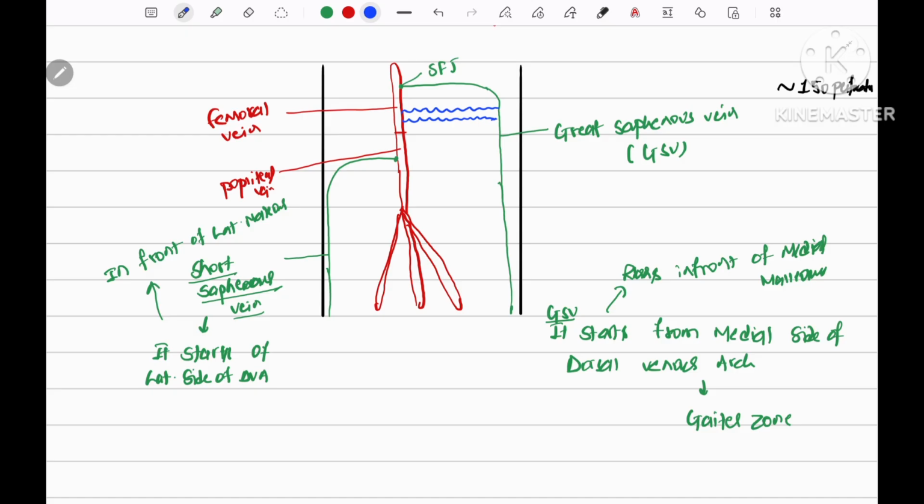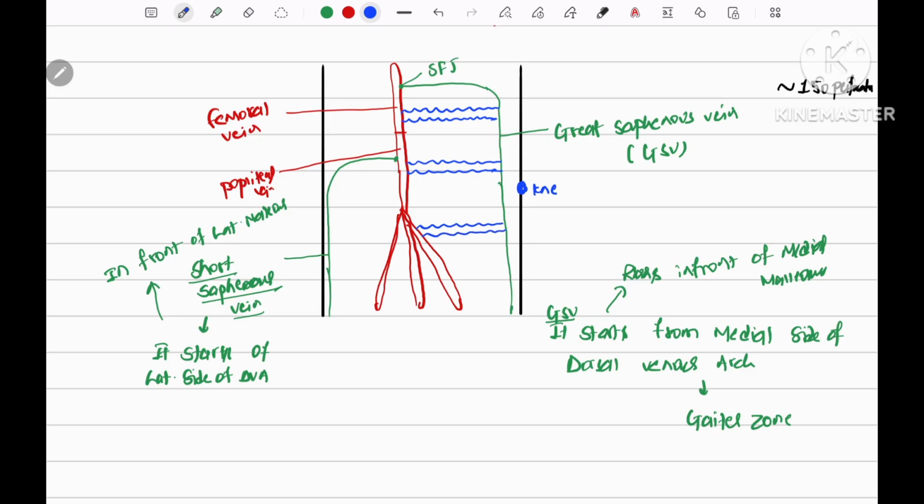And there is one perforator at the level of the popliteal vein which joins with the great saphenous vein, at the level above the knee. If this is the area of the knee, then this perforator is above the knee, and there is again one perforator which is below the level of the knee. So these become three perforators.